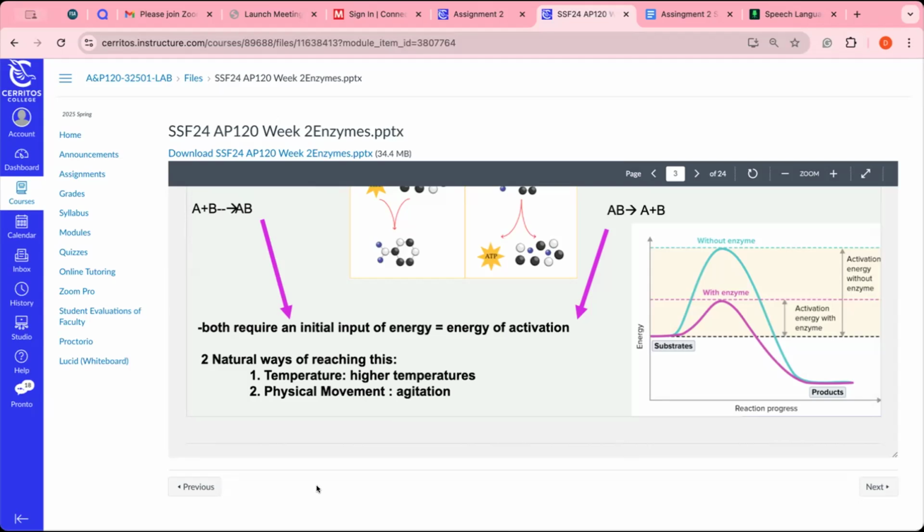The cell, or the molecule, works a lot harder without an enzyme present to accomplish the same reaction. With an enzyme, you don't need as much energy to start a reaction. The activation energy with an enzyme is in purple, so you can see how much lower the peak is, versus without an enzyme in the blue.